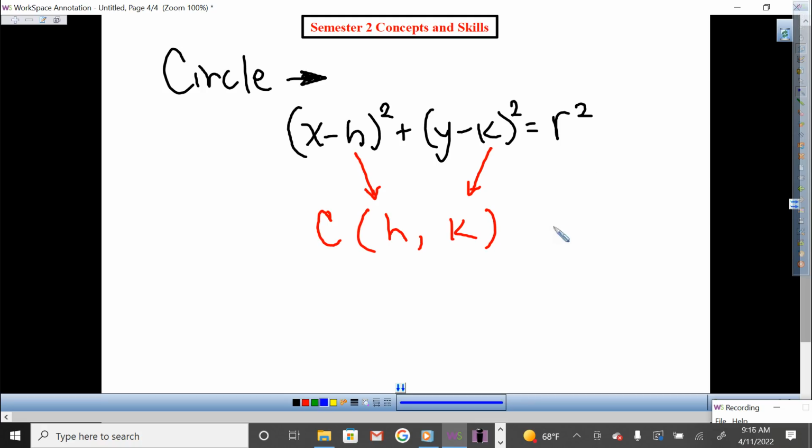And of course, to get the radius, we need to take this one and do square root of whatever's there. What's there right now? R squared. So this cancels that. That leaves us with R. So basically, we need to take a square root of whatever's there for R squared. Whatever is here, we take square root of. Okay? So, with that said, example 1Q.